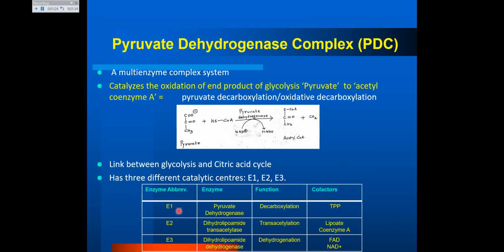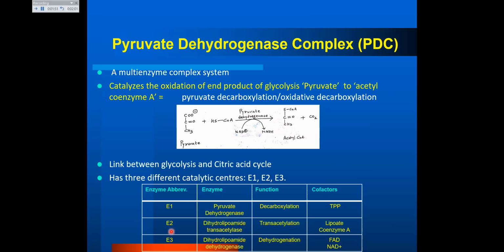Each of the enzymes E1, E2 and E3 differs in its function, and every enzyme has specific cofactors. E1, the main enzyme called pyruvate dehydrogenase, performs the function of decarboxylation, and the cofactor required is thiamine pyrophosphate or thiamine diphosphate, abbreviated as TPP.